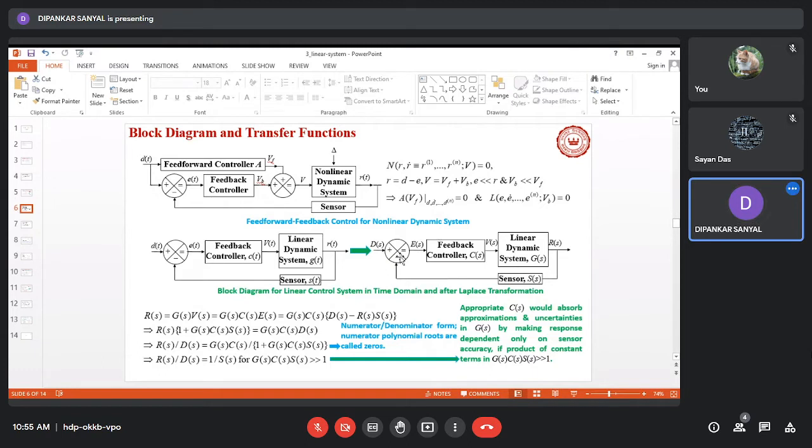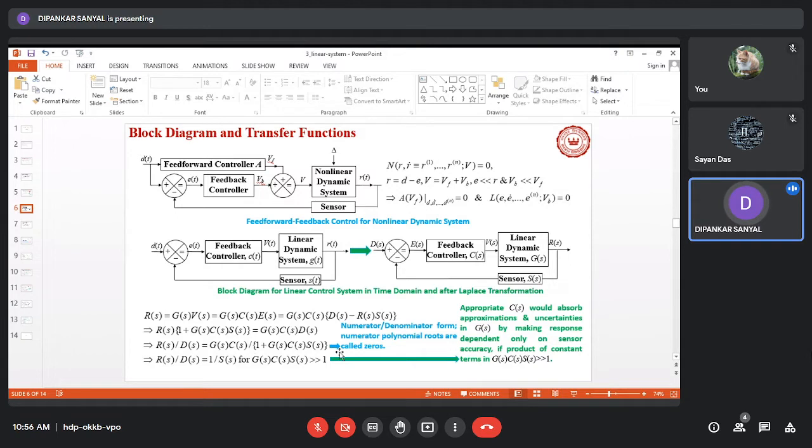And here a loop reduction algebra was shown. So if we have this kind of system, then this R(s) by D(s), as we have called, is the complete transfer function.